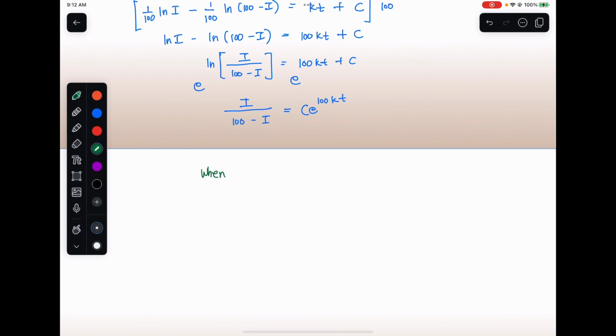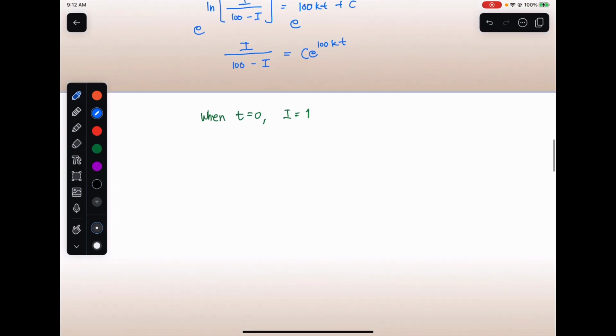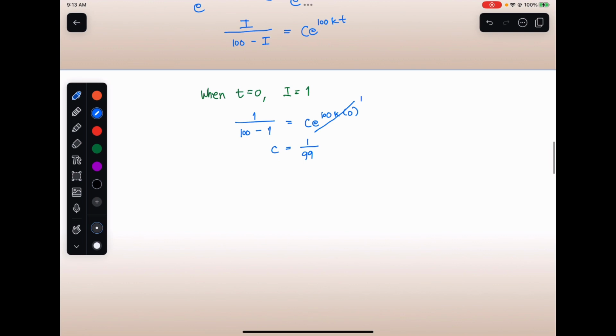When time is equal to 0, there's only one student infected. So when t is equal to 0, I is 1. We substitute: 1 all over 100 minus 1 is equal to c e raised to 100k times 0. e raised to 0 would still be 1. Therefore, c is 1 over 100 minus 1, which is 99. So I all over 100 minus I is equal to 1 over 99 e raised to 100 kt.